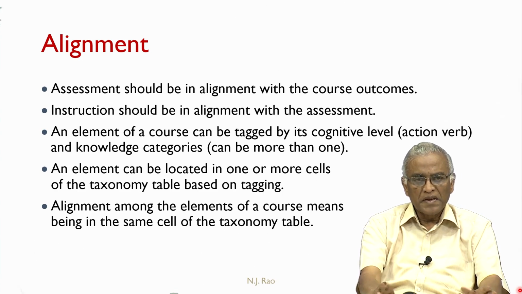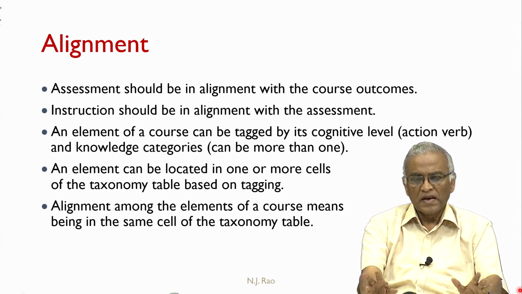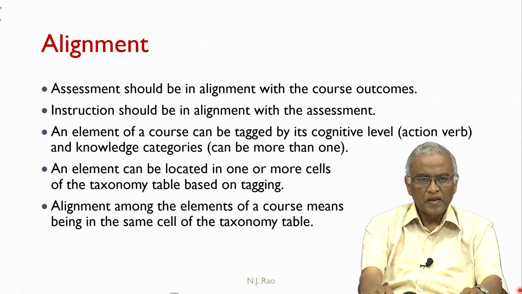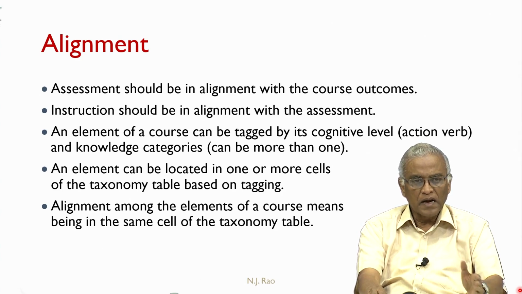Any of these elements can be tagged by its cognitive level, that is the action verb, and its knowledge category. The number of knowledge elements can be more than one in a given outcome statement. So, once again an element can be a CO, AI or IA.